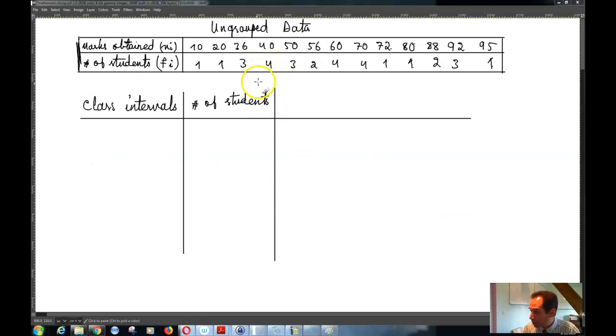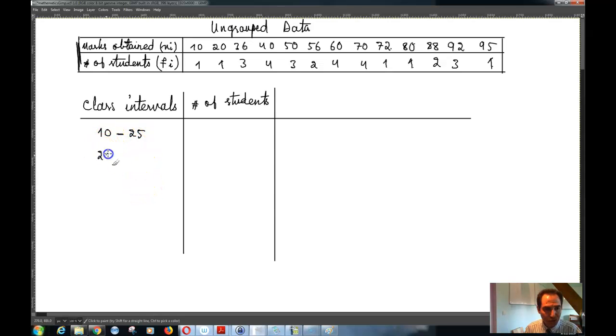On the other hand, I can make the size of the class intervals smaller to accommodate this data in a convenient and practical way. For example, I can make the size of the class interval 15, meaning I start from 10 and adding 15 I get 25.